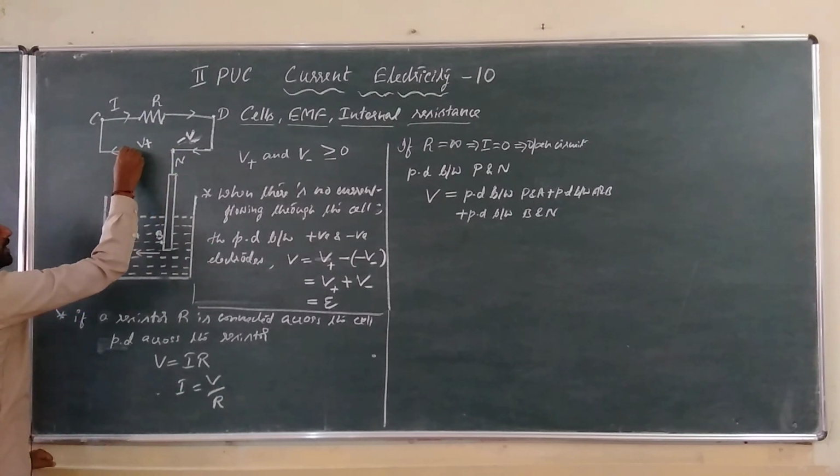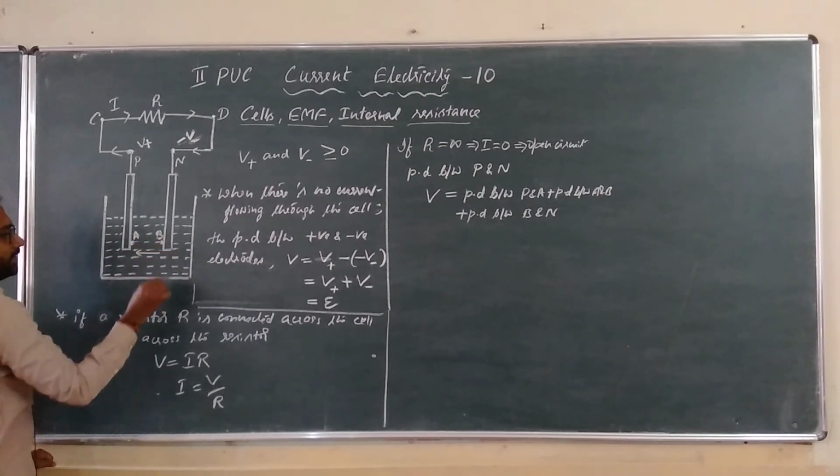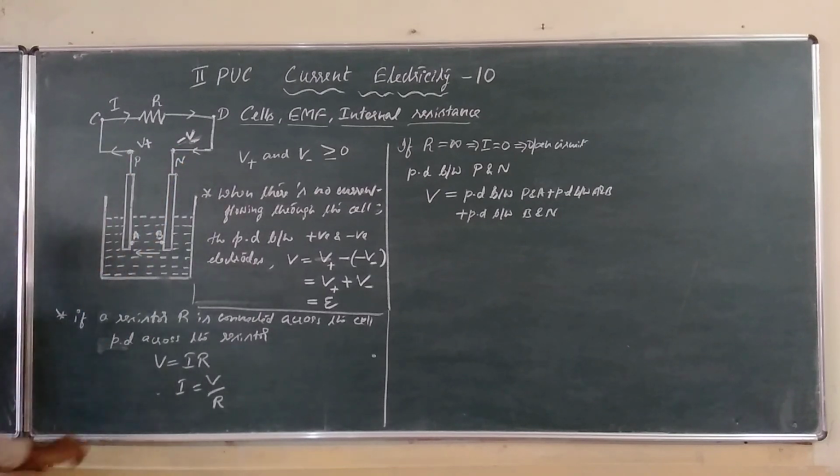That is equal to the potential difference between P and A plus A and B plus B and N.